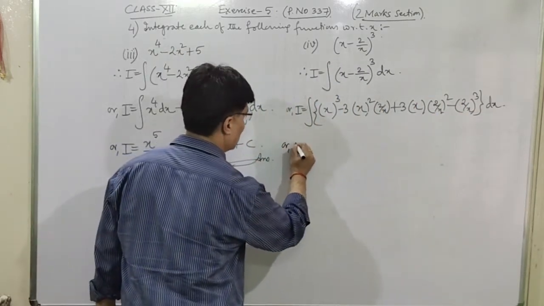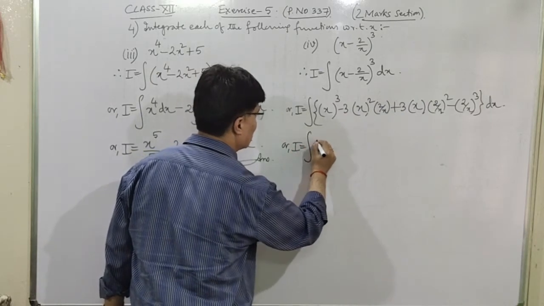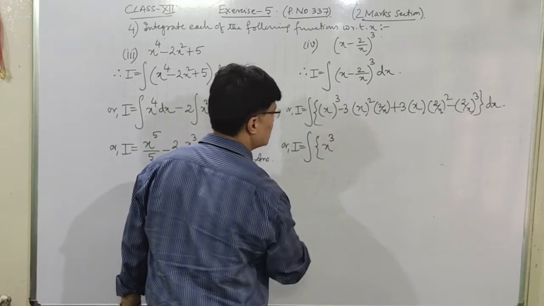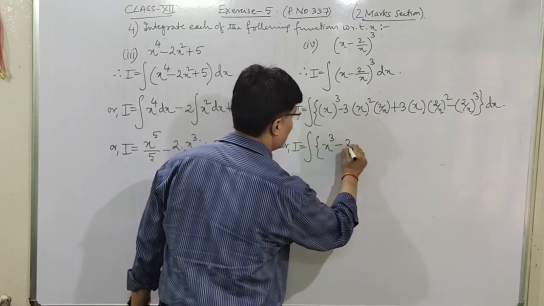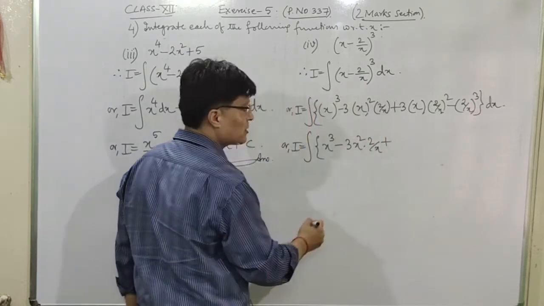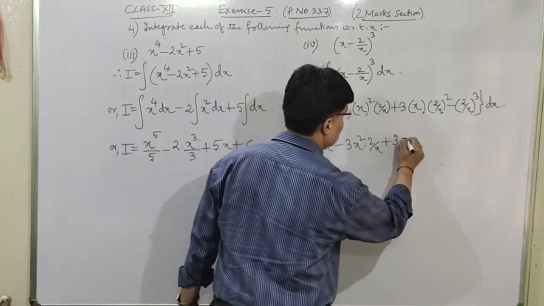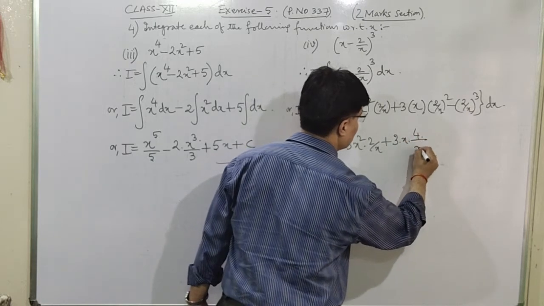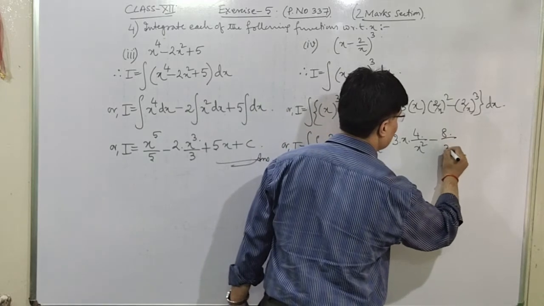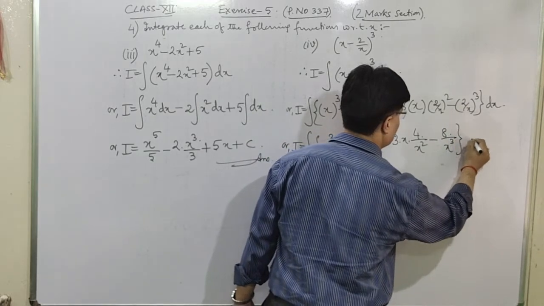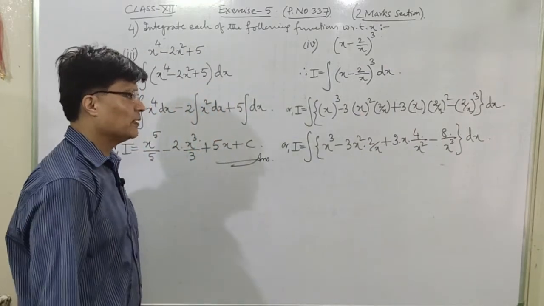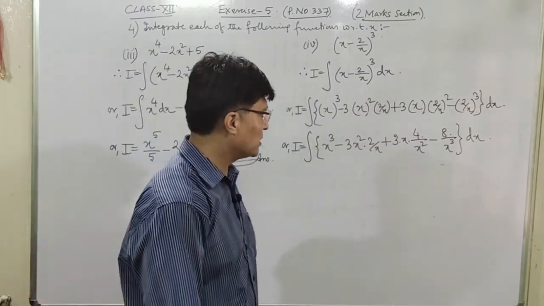So or I is equal to integration of, within second bracket, what is x whole cube? This is your x cube minus 3x square into 2 by x plus 3 into x into 4 by x square minus what is 2 cube? This is 8 divided by x cube. Second bracket closed. Then what do we write? dx. So I think you have understood it.